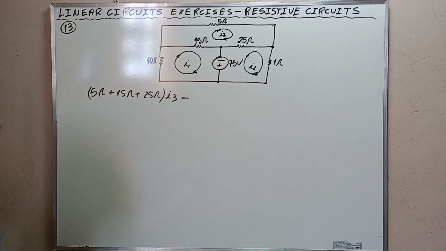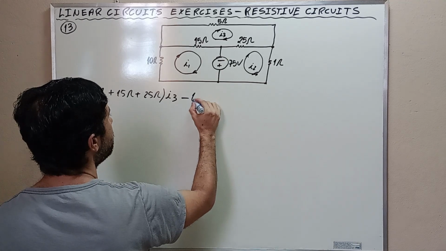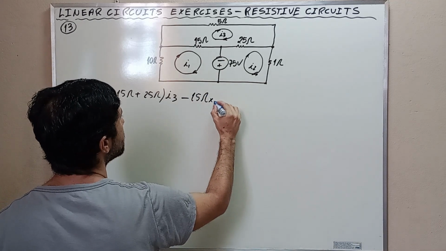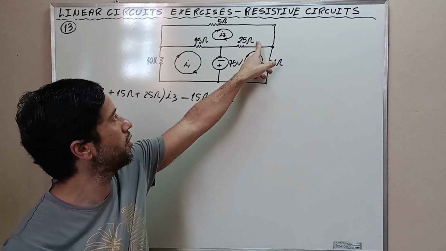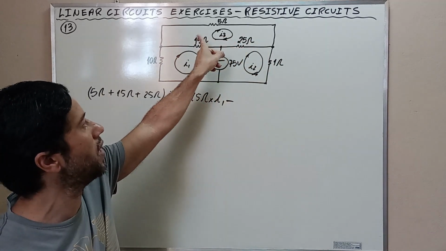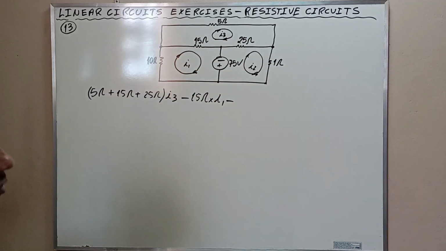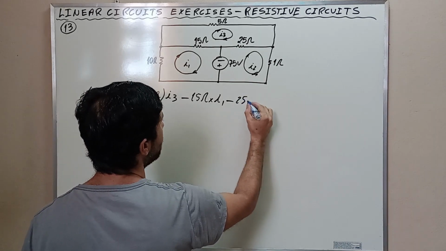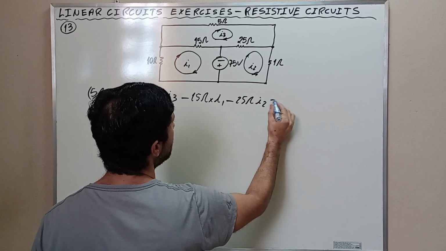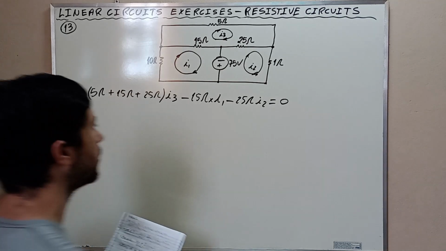They cause voltage drops in opposite directions. Then we find that it is 15 ohms times I1 minus, observe this resistor here, I3 passes in this direction, but I2 passes in that direction, and they cause voltage drops in opposite directions. That's why I put negative 25 ohms times I2 here, and this has got to be equal to 0. Okay, my friends, this is the loop of I3.